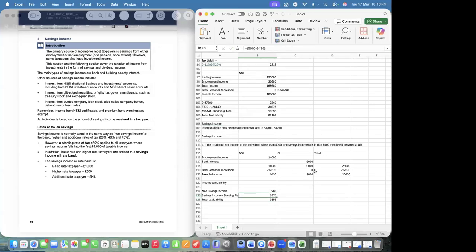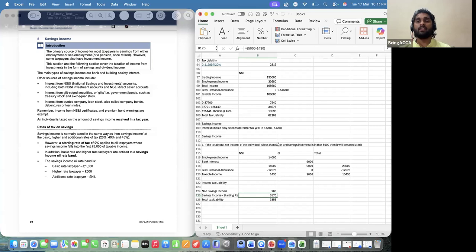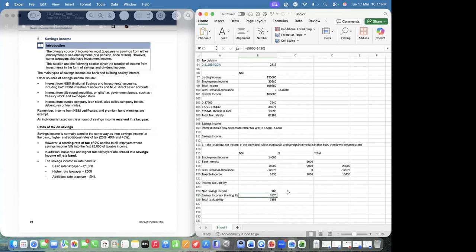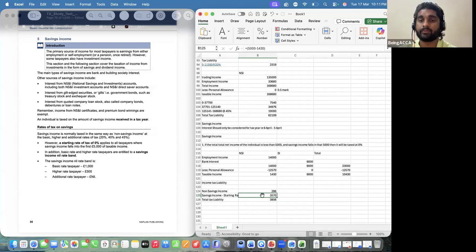Because the savings income is falling within the first 5,000 of taxable income, it will be taxed at 0%. So 3,570, let me write it here, 3,570 into 0%. Next, what do we have?